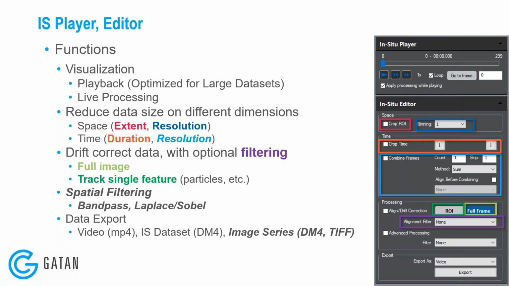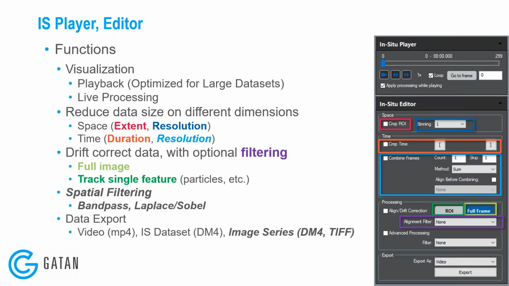And finally, we can export the data. So we can export the video as a video file, like an MP4, so you can put that in a PowerPoint, or we can export the data as an in-situ data set, so that you're not losing any information, and can continue to process that.